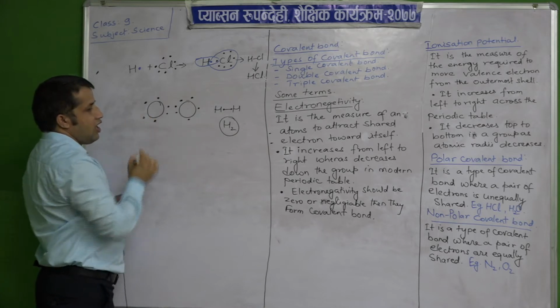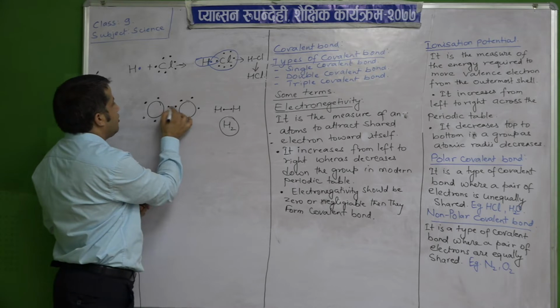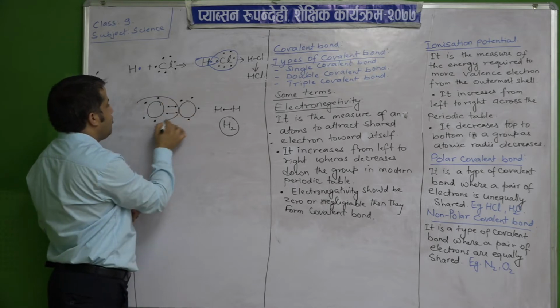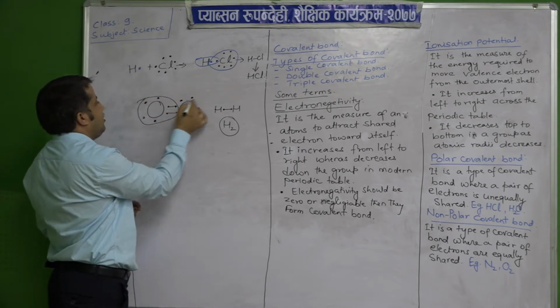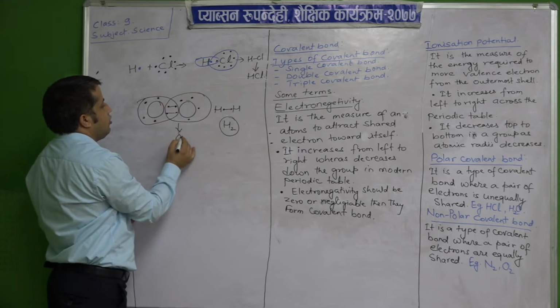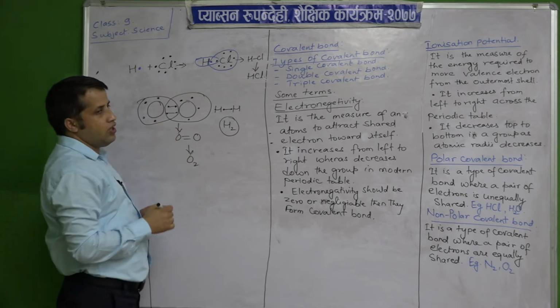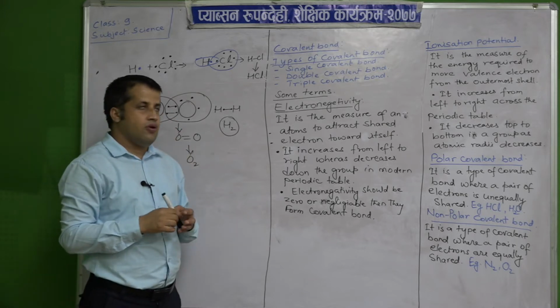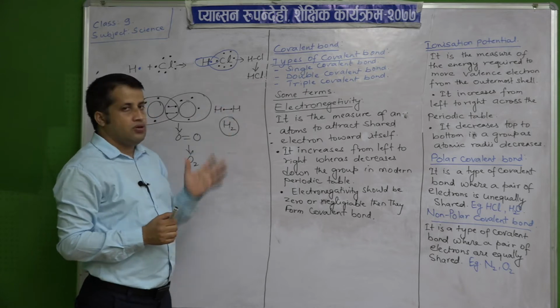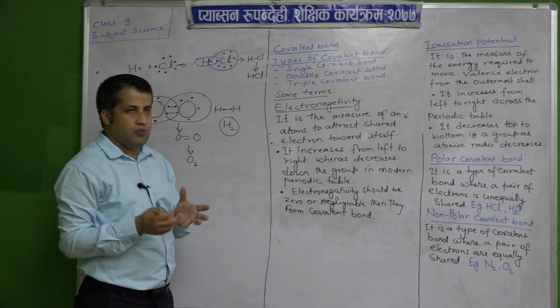Now each atom requires 2 electrons to become stable. So what they will do is share. These two belong to this atom and also to that atom, and thus O=O, that is O2, is formed. In this way a double covalent bond is formed between atoms to have a stable electronic configuration and exist in nature independently.